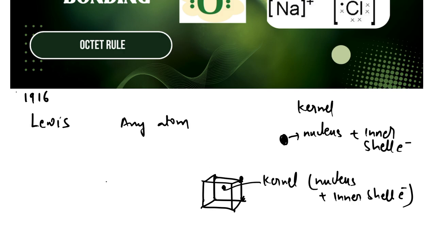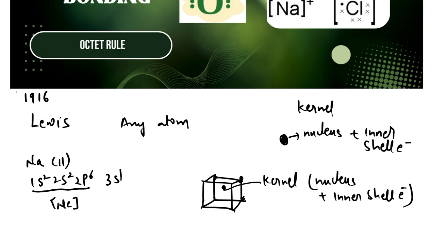Depending upon how many electrons are there in the outer shell, they will occupy these corners. For example, in the case of sodium, it has 11 electrons. So its configuration is 1s2, 2s2, 2p6 and 3s1. We can also represent this as neon 3s1.